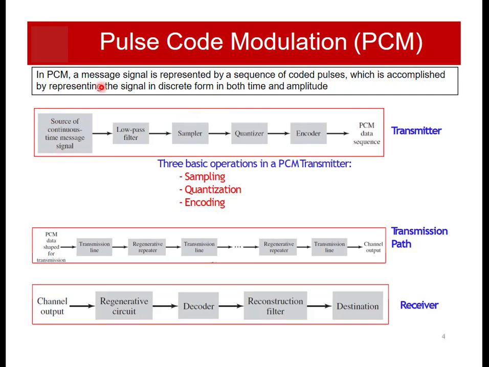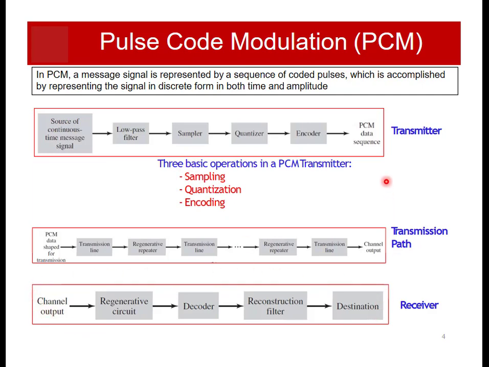There are basically three basic operations in a PCM transmitter. They are sampling, quantization, and encoding. We will talk about each of these parts individually in great depth. And the reverse of these operations are done in the receiver, of course.